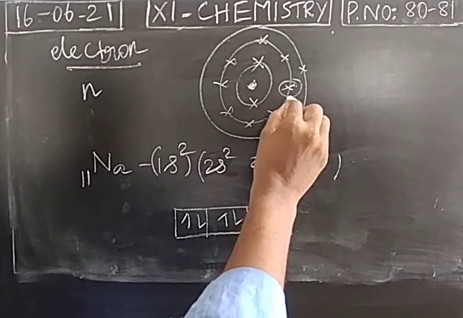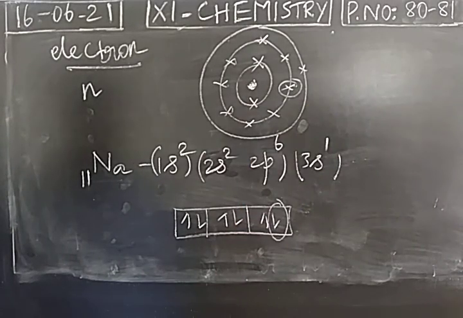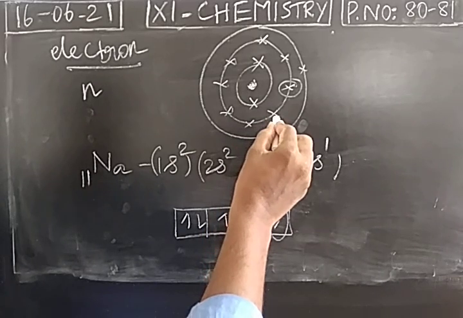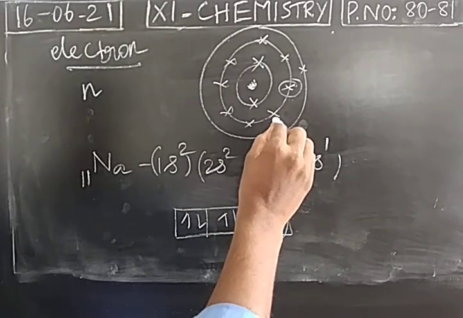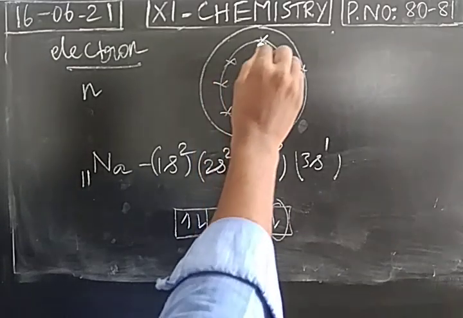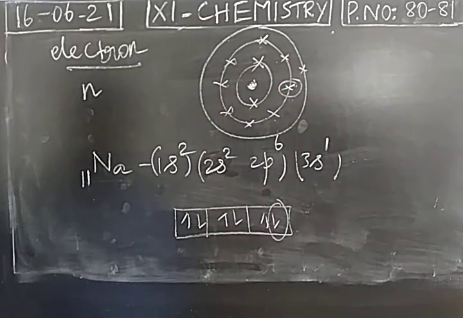So when I select this electron for finding the screening constant, the remaining 7 electrons, totally 8 electrons present in the second shell, I select this one. So the remaining 7 electrons in the second shell, 1, 2, 3, 4, 5, 6, 7, will be involved in shielding, isn't it?